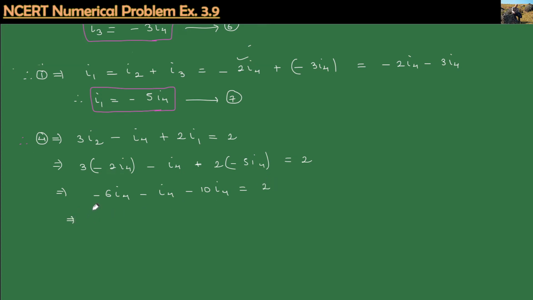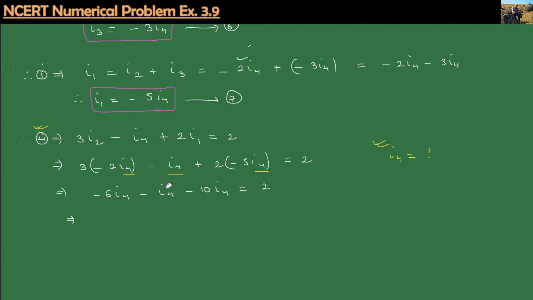By substituting into equation 4, we arrive at an equation containing only one unknown, which is i4. So we can determine this unknown current, and once we know i4, we can easily find all the other currents i1, i2 and i3.